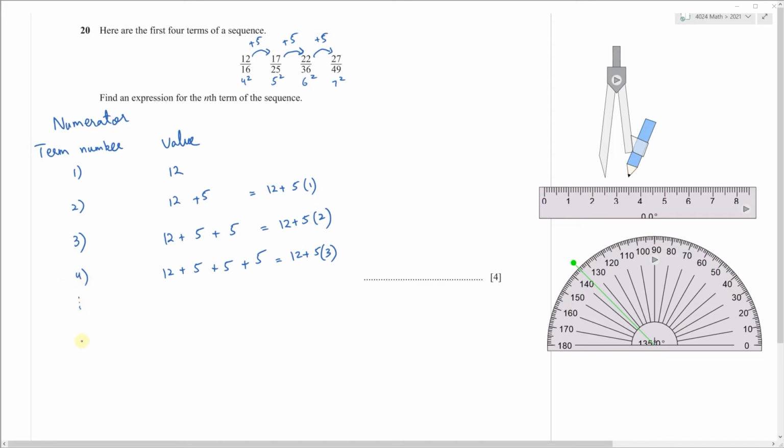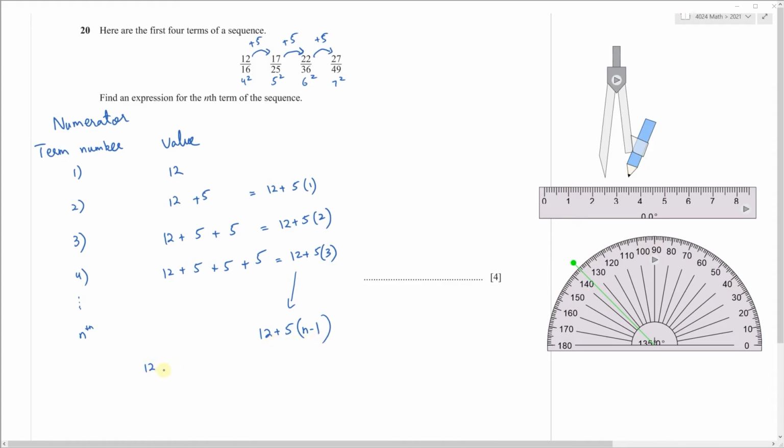So if you keep going to the nth term, what expression will you get? 12 plus 5 times n minus 1. Because this is the fourth term, the value here is 3, which is 4 minus 1. This is the third term, the value here is 2, so this is 3 minus 1. So for the nth term, you will have 12 plus 5 into n minus 1.